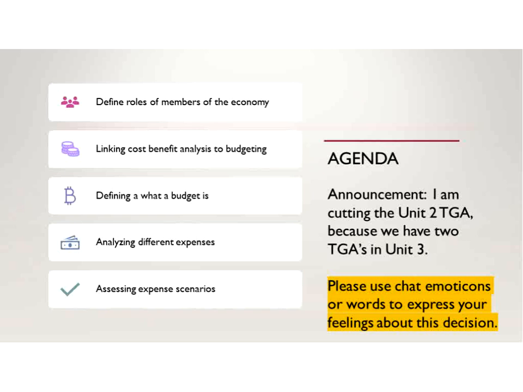Sorry, there you go. Crystal, if you can hear me, can you give me a smiley face, please? Okay, thank you. Define roles of members of the economy. Linking cost benefits and analysis to budgeting. Perfect.